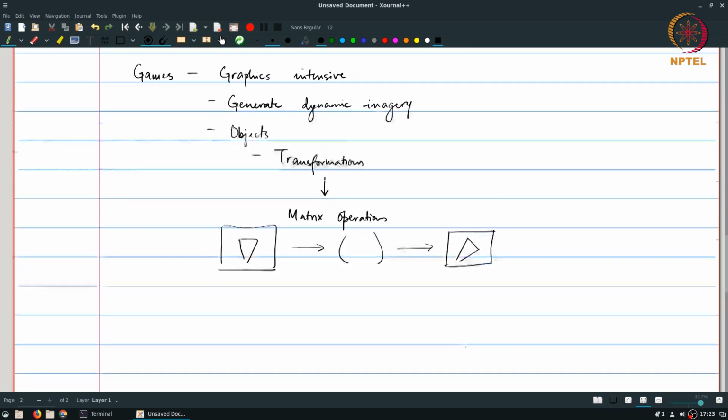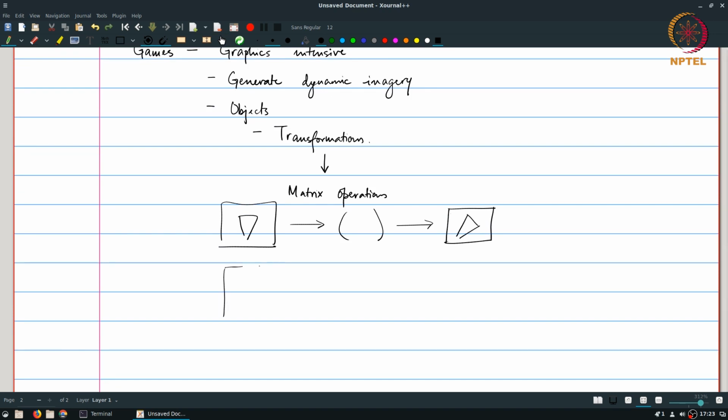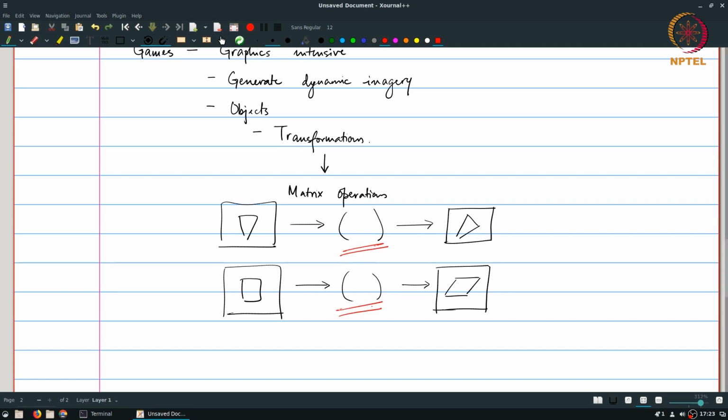Similarly, we could have other matrix operations which, for example, could take a square or a rectangular object, process it through some kind of matrix operations, and shear it or distort it in some manner. So these matrix operations can be chained together, applied one after the other, in order to apply fairly complicated transformations on objects or input images in order to dynamically construct the final image that we want to have.